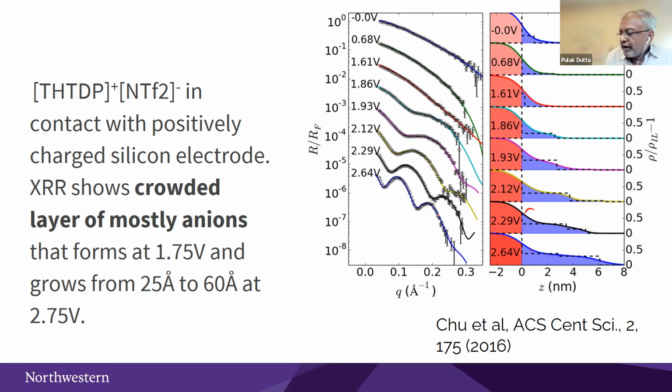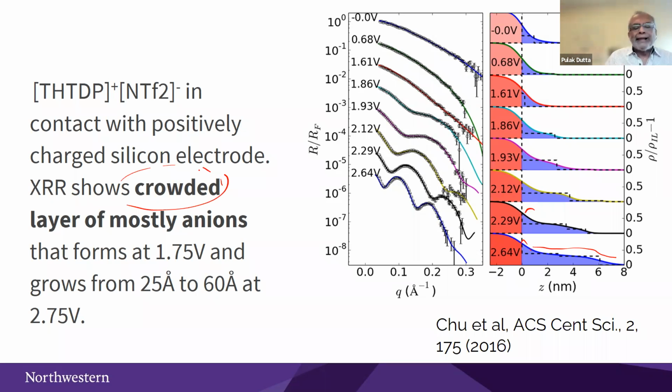Okay? So what's happening? What is this layer that's much bigger than the size of an anion or a cation? Well, it had already been predicted, and the idea is it's a crowded layer. Okay, what's a crowded layer? Basically, unlike the Helmholtz layer, where you have one layer of ions that can balance the charge on the electrode, here, because these anions and cations are large, one layer isn't going to do it.